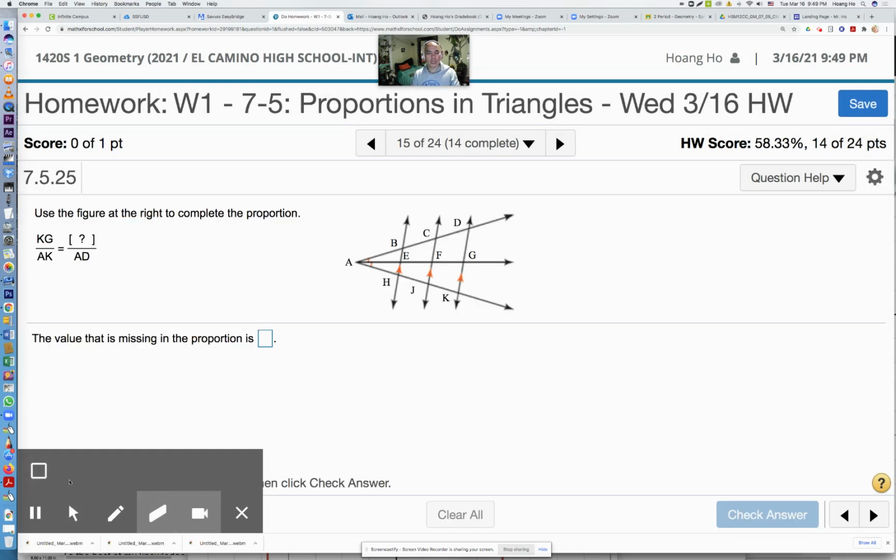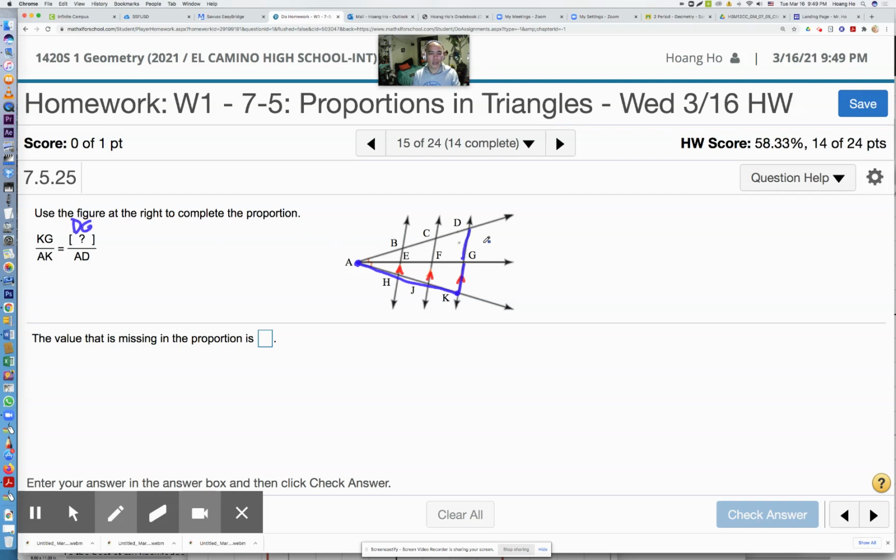Number 15. Oh, I see three parallel lines over here. So then you got a proportion. Let's see the setting over here. KG divided by AK. KG goes with DG, so I put DG on top over here and divide.